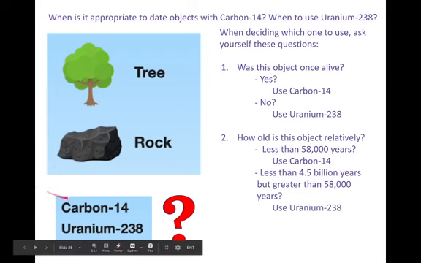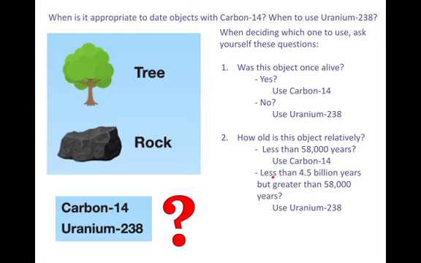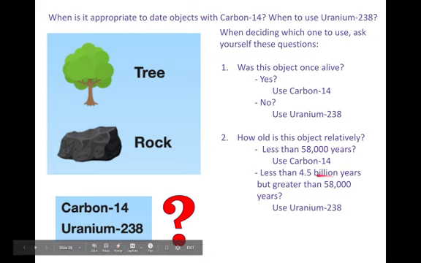So for a dead tree, most likely we'll use carbon-14. And for our rock, which who knows how old it is yet, which is what we will do in our next activity to test out how old is the rock. Okay, but between 58,000 years and 4.5 billion years, we can use uranium-238.